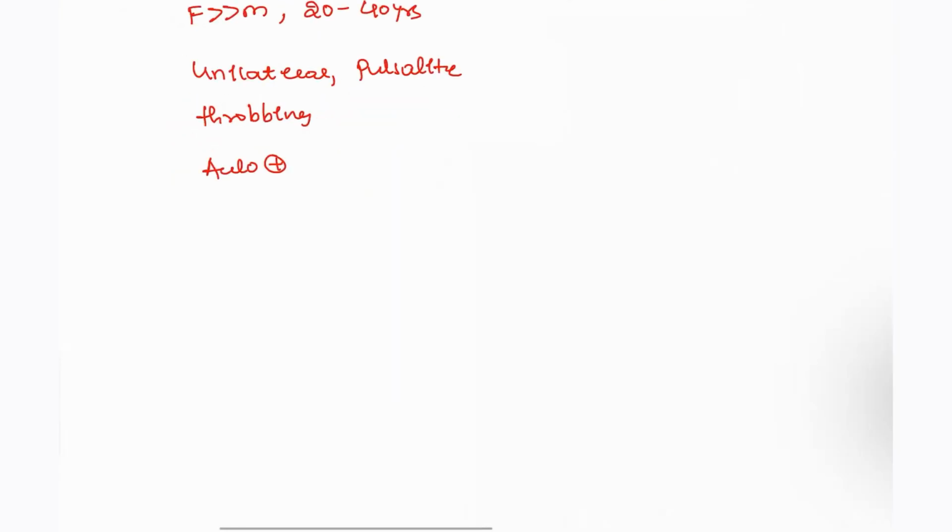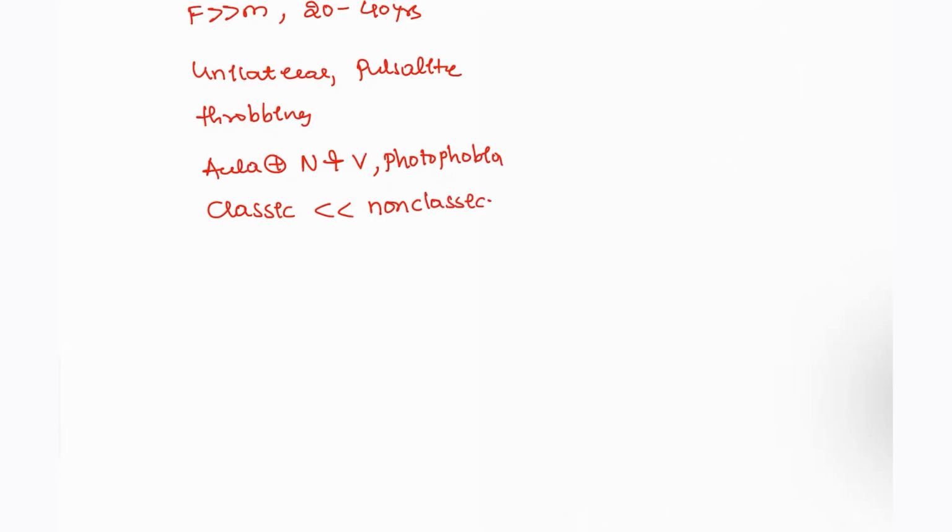What does aura mean, guys? Usually the patient will experience nausea, vomiting, and also photophobia. So what about classical or non-classical? If it is associated with aura, then this migraine is known as classical. But most commonly, we see the non-classical type, which has no aura.